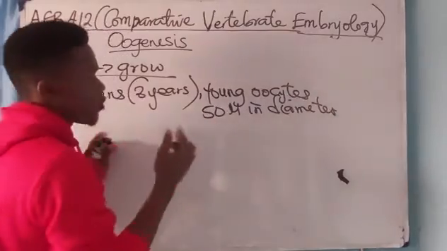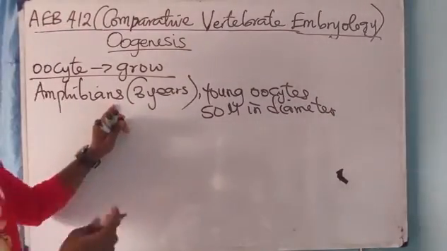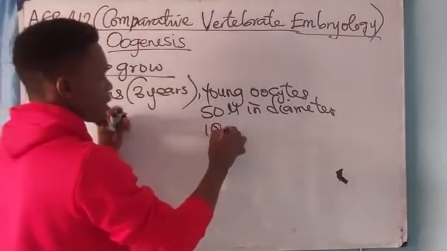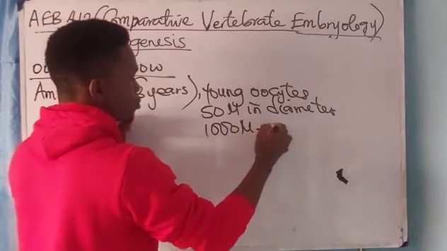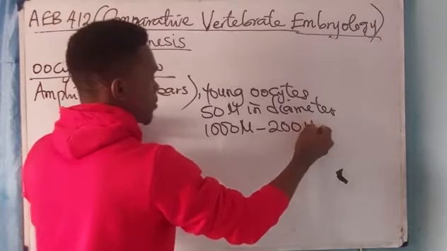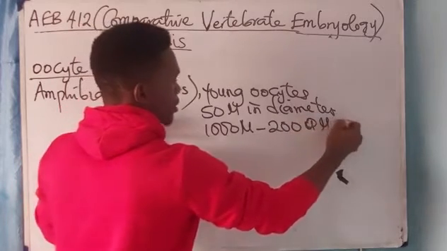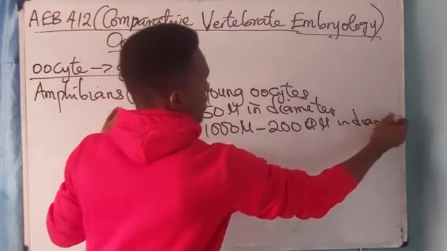That is the young one, but as soon as it develops completely, it measures about 1000 to 2000 microns in diameter. All right, take note of that.